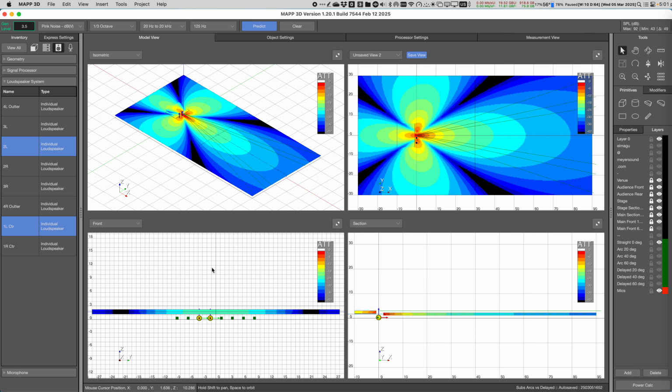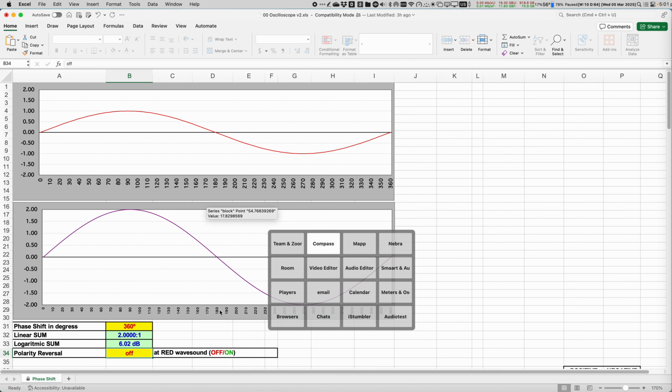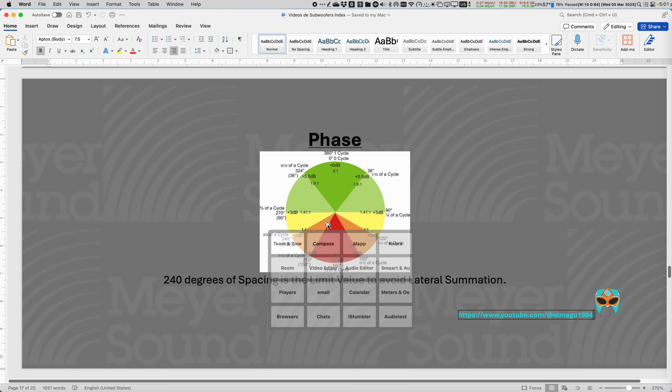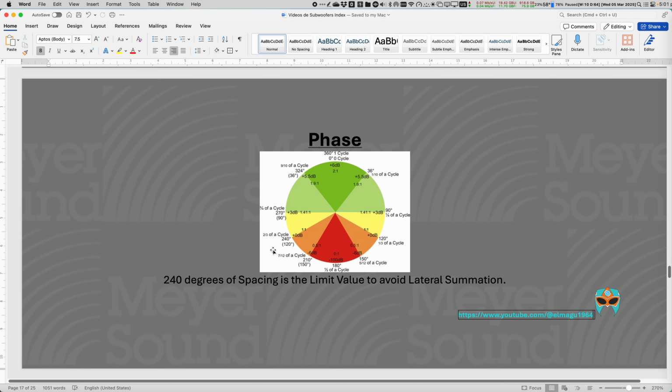So the trick here is that the distance between lateral speakers should never reach 360 degrees. The distance between lateral speakers, my mistake, should never cross 240 degrees, because in this case you will never have lateral summation.